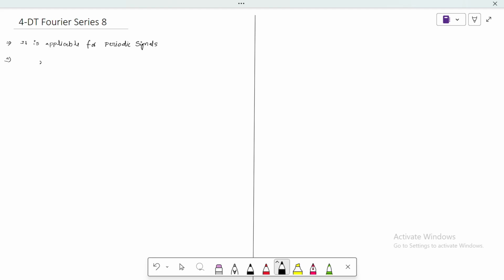Any periodic signal, in this case we are taking the discrete time signal, can be represented in terms of complex exponentials. So x of n equals the sum of ak into e power jk omega naught into n. Here ak is periodic, so k limits are for one time period.